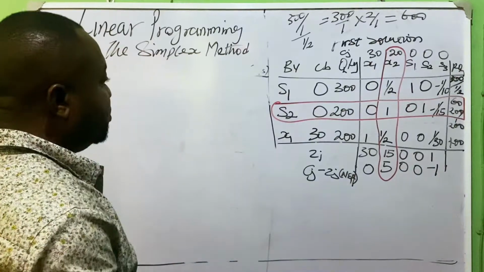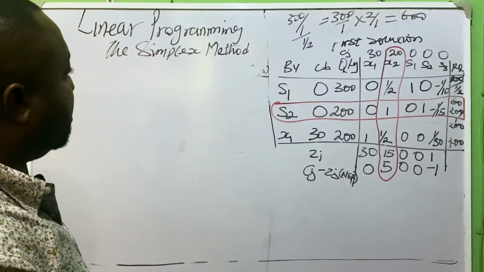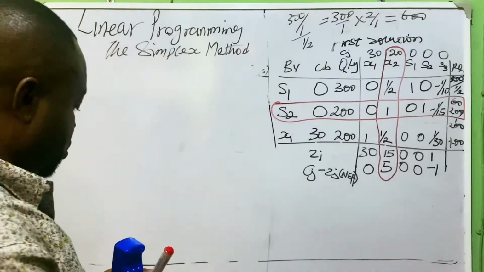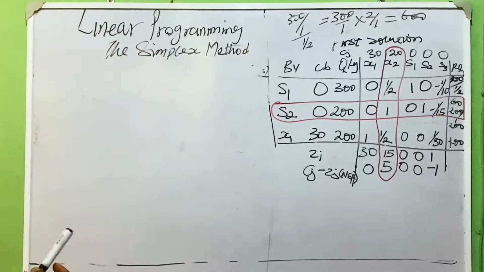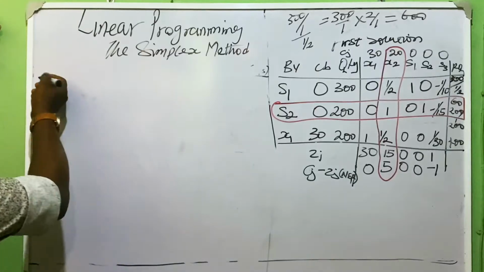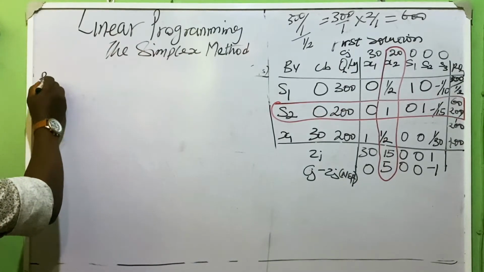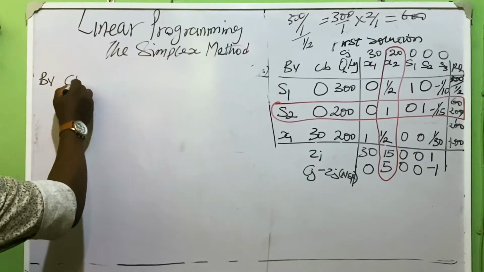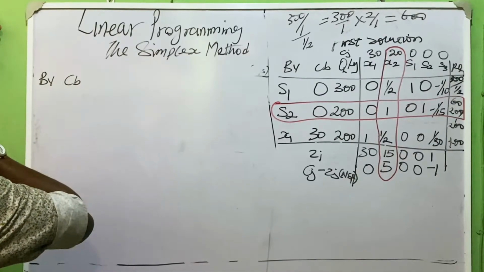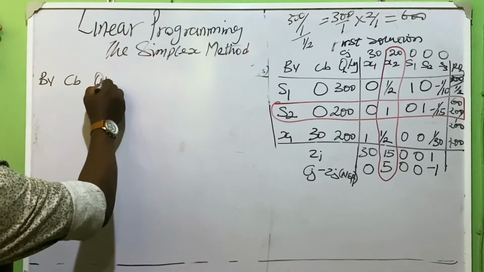And this position will be taken by X2. So we'll now use it to design our next solution and see what is going to turn out. So we have BV, this is the basic variable, CV, the quantity column.